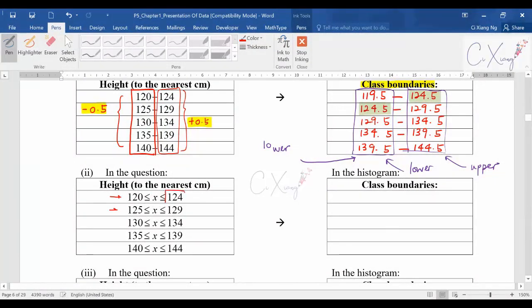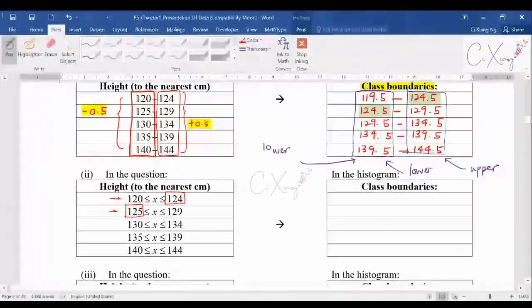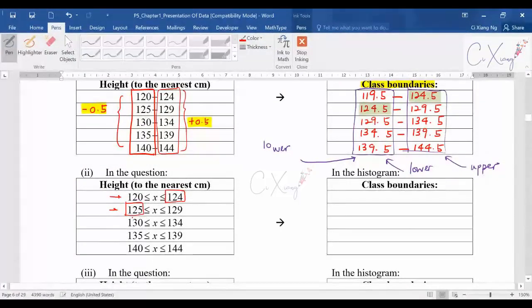So again, you see 124, and the next value is 125. Very obvious, these two values are not the same. That means they are not class boundaries. If these two values were the same, they would be class boundaries. Therefore, in this example, you also need to do the adjustment.